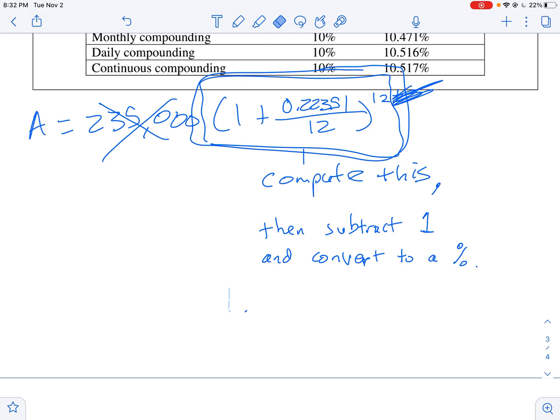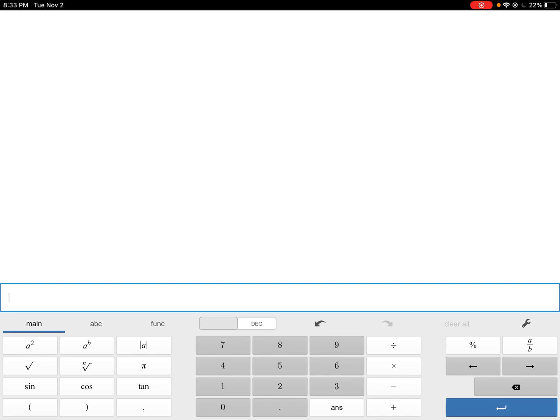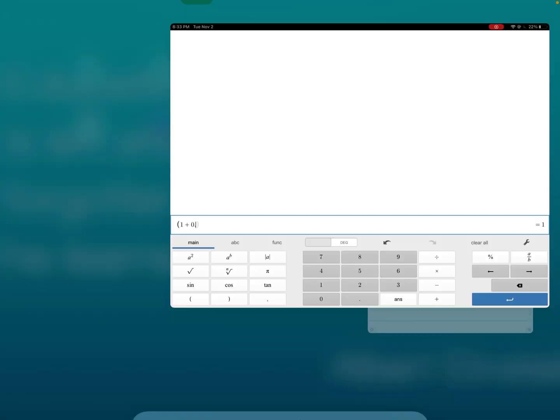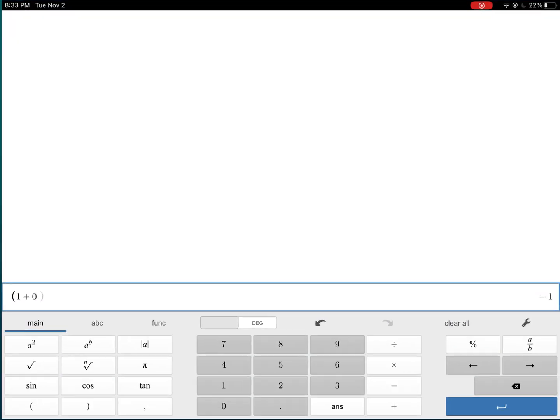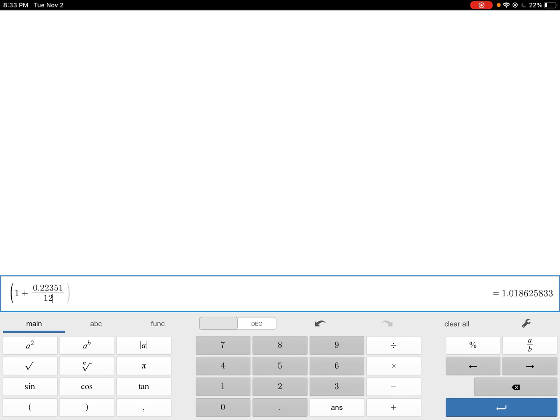So let's go ahead and compute this. Again, I'm going to use my decimals calculator. I'm going to put in parentheses 1 plus 0.22351 divided by 12, close parentheses, to the 12th power. This is kind of a lot to put in there, so I'm going to clear this out. Parentheses are our friend. 1 plus 0.22351 divided by 12.